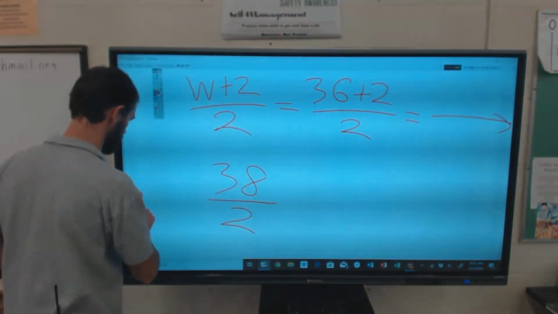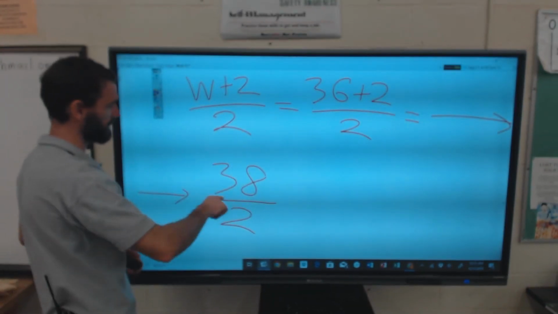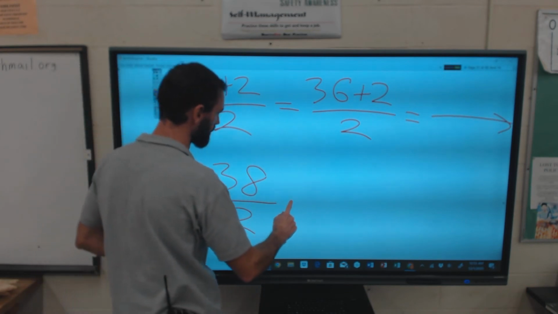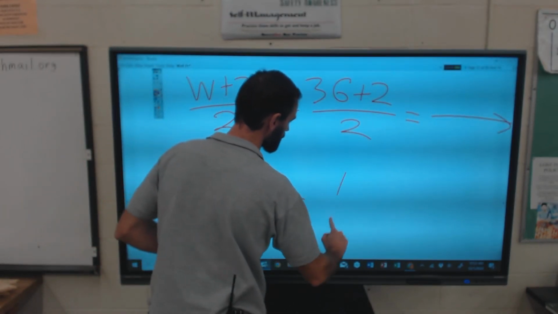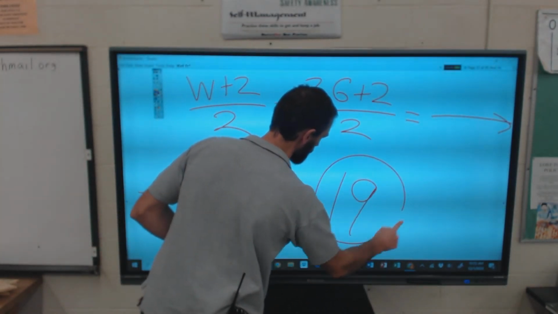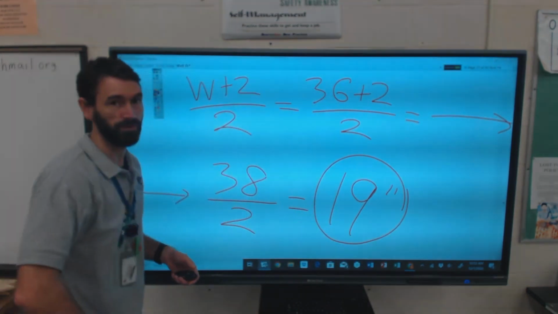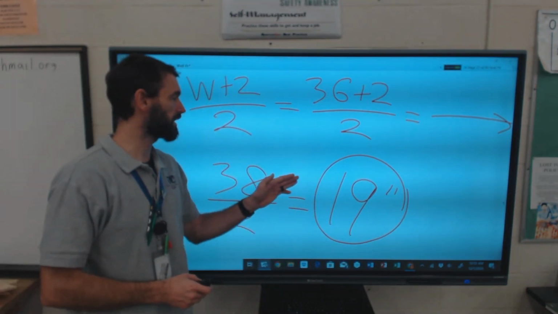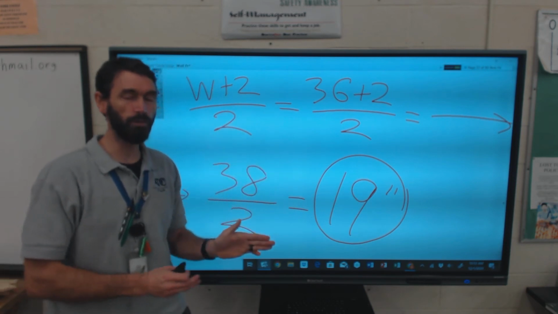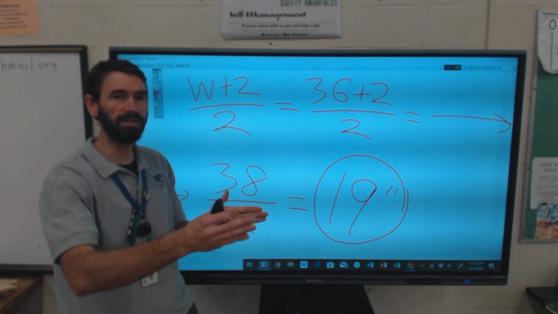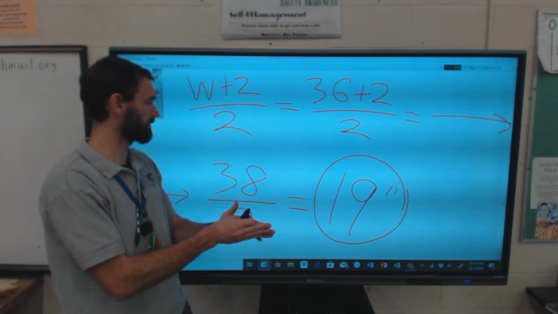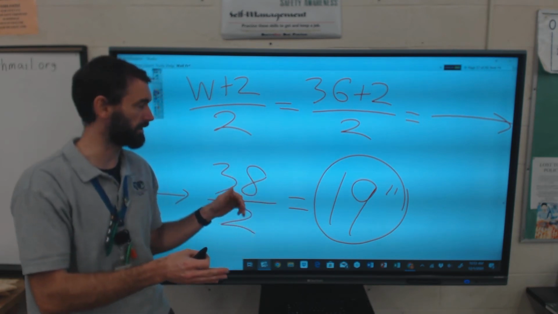And then here, just extend 38 divided by 2. That equals 19 inches. Okay, so it's going to be 19 inches from the center mark to the jack on the right side, and 19 inches from our center mark to the jack on the left side.